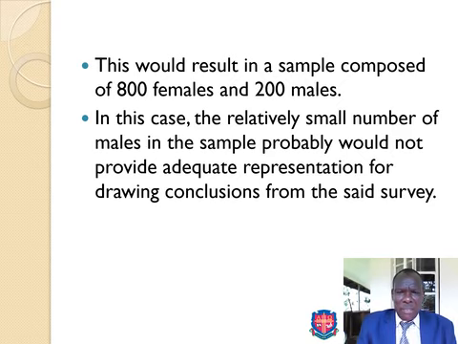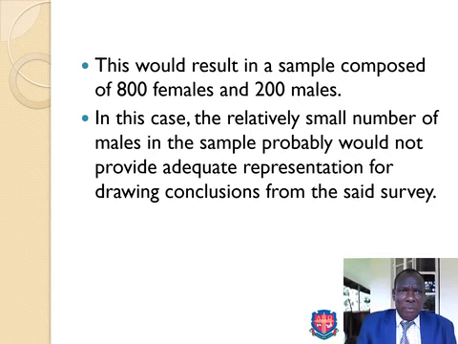The males are normally opinionated. They have opinions in everything. So if you are doing research, for example, on the political affiliation of students in Uganda, and you go to a certain university you want to study, where there are 800 females and only 200 males.